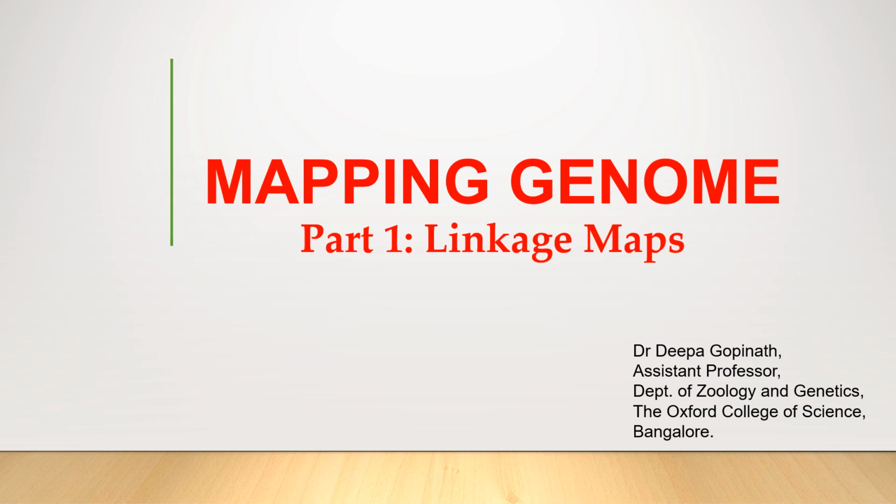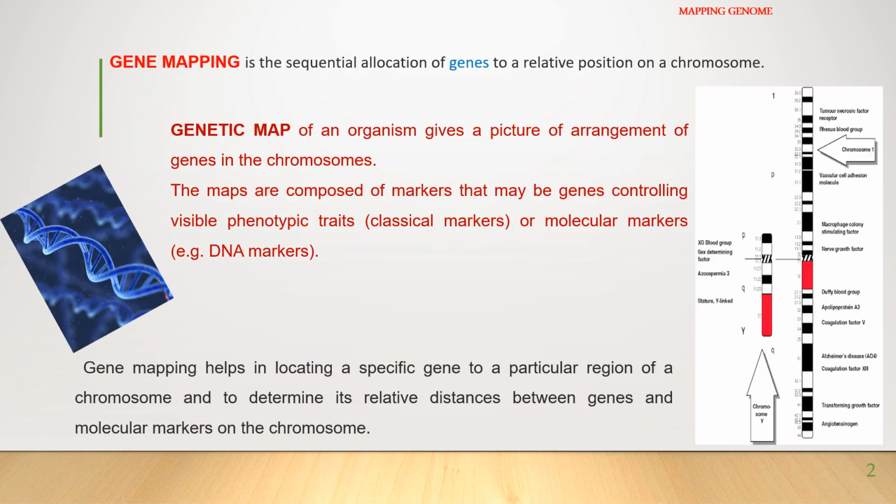The topic dealt with here is mapping genomes by means of linkage maps. Genes are arranged on chromosomes. Gene mapping is a method or technique used for the sequential arrangement of genes on the chromosomes. It is composed of many molecular markers.